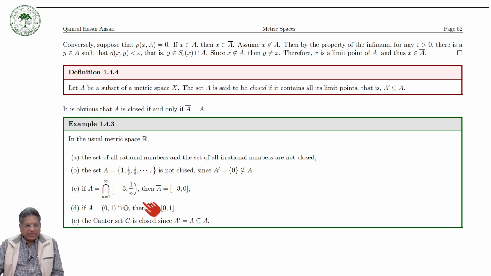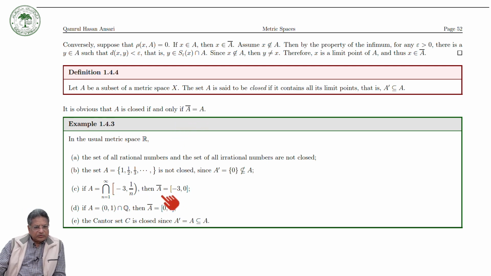Then we will see that the closure of A, as we have seen from the limit points, is equal to the closed interval minus 3 to 0. So the closure of A is not equal to A. In general, the closure of A is equal to this one.